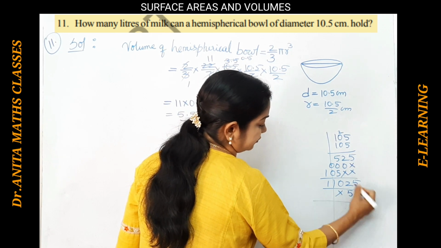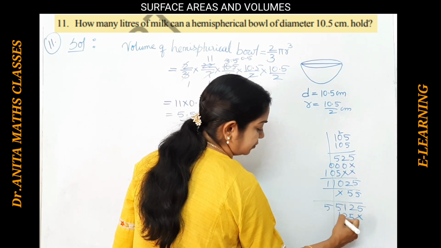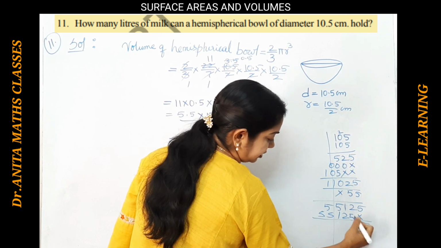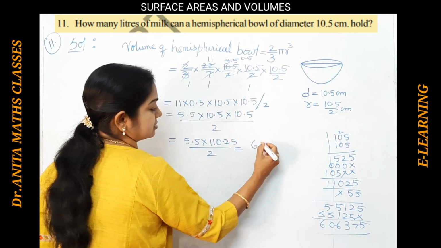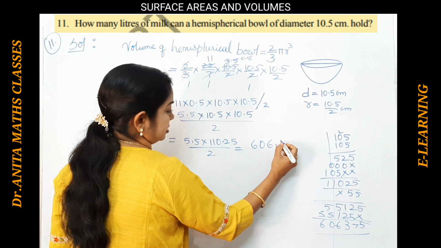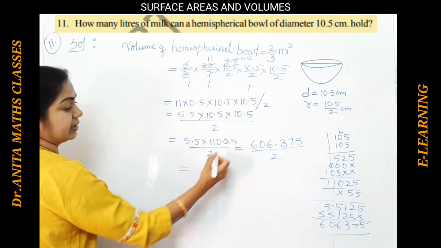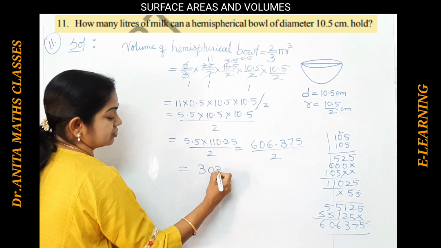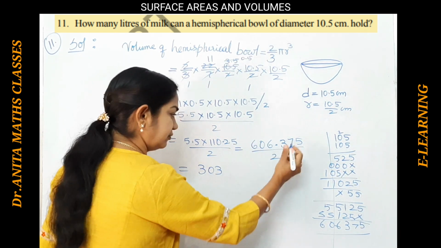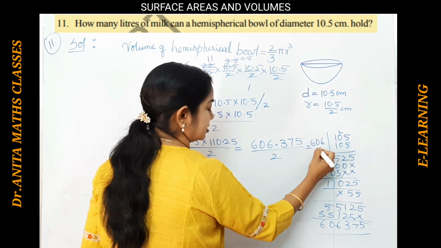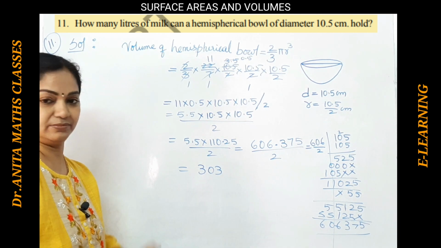So this comes to 606.375, because 3 digits after the decimal point, divided by 2. Clearly we can write it as 303. This fraction part we can eliminate here, so this is a round figure. We can also take it as 606 upon 2, approximately, right? So that comes to 303.